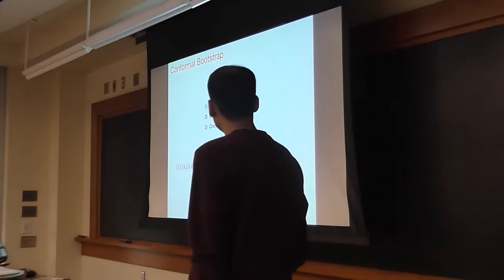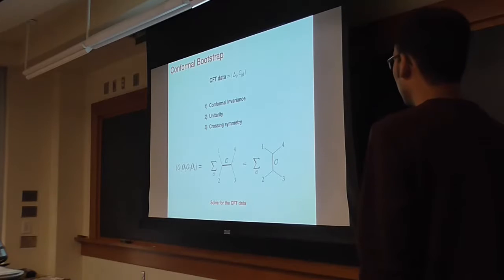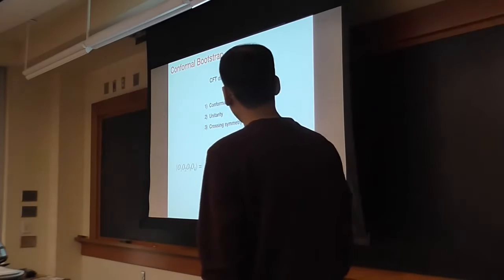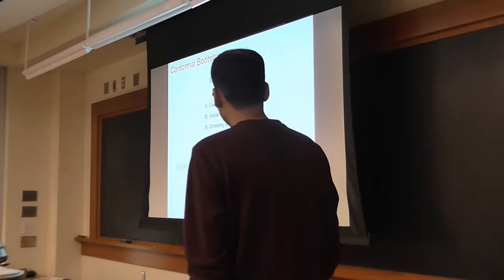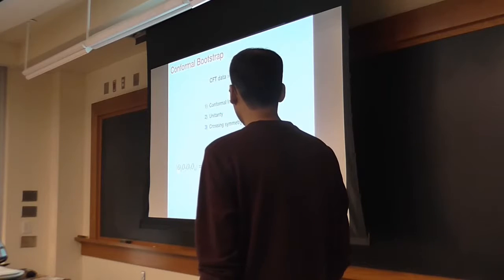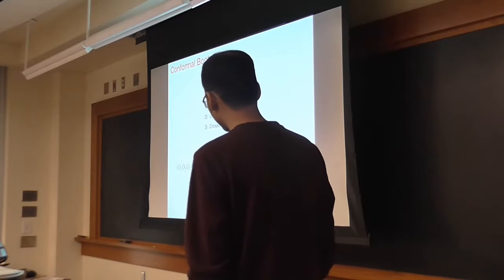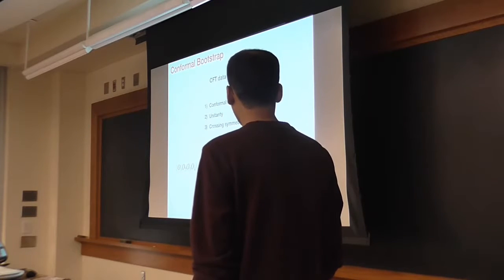Among these conditions, crossing symmetry might not be very clear to everybody. So let me just tell you what crossing symmetry is. In CFT, what I mean is the following. If I give you a 4-point function, you can operator product expand. If I first operator product expand O1 and O2, then O3 and O4, I can schematically write something like this.